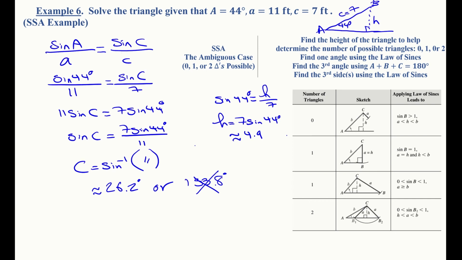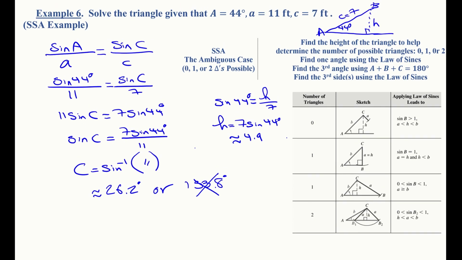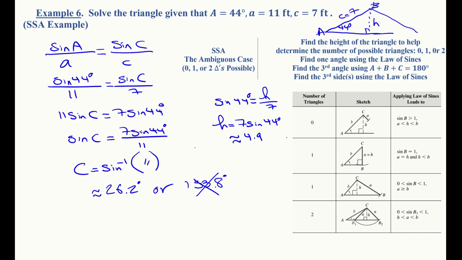So the 11, as we mentioned earlier and assumed earlier, can only swing this way. And here is going to be our C at 26.2 degrees. All right, so that only leaves B for us to calculate, which is going to be here, of course.